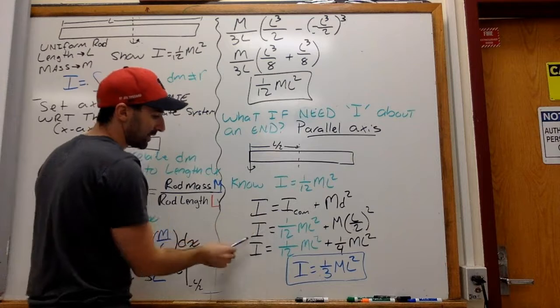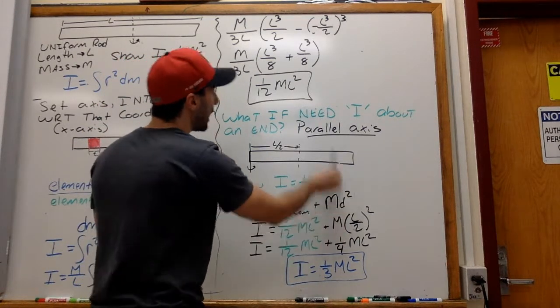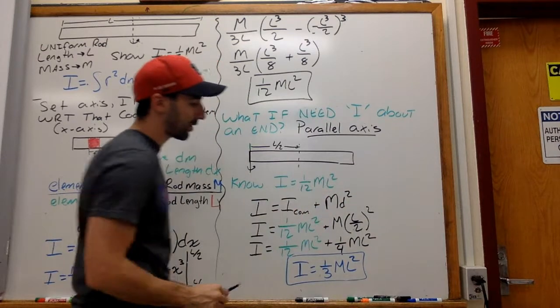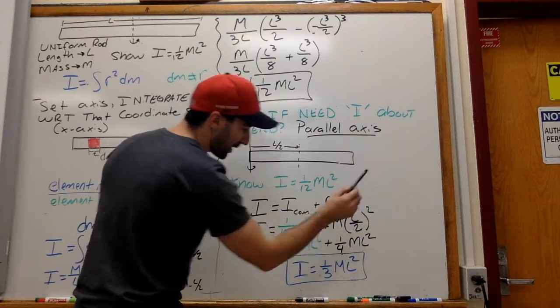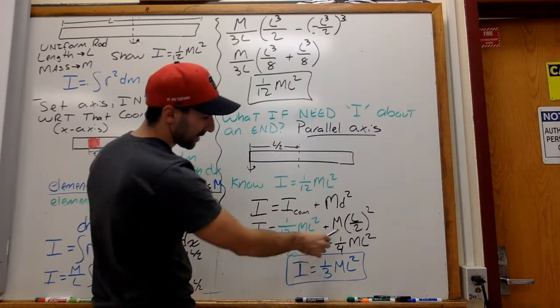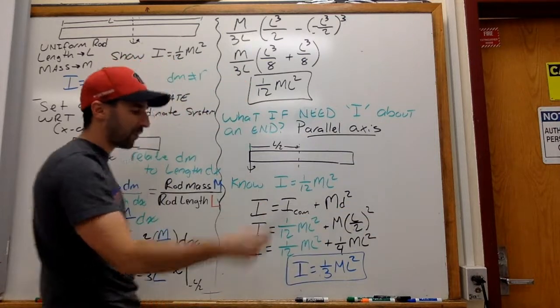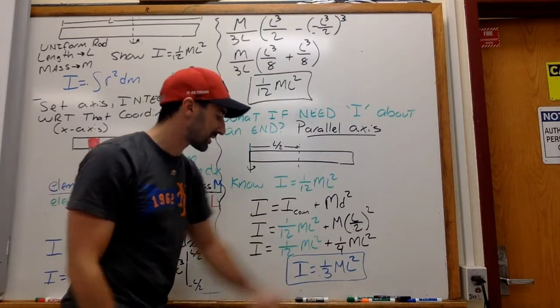What we just proved, I is 1/12 ml squared, plus the total mass m, how far away it is, L over 2, that whole thing squared. I have 1/12 ml squared plus 1/4 ml squared. That would be 1/12 ml squared plus 3/12 ml squared, which would be 4/12, which reduces. I is equal to 1/3 ml squared.